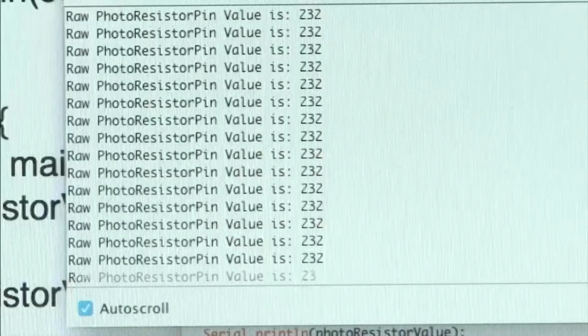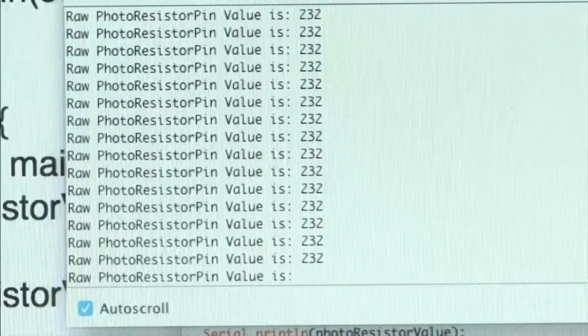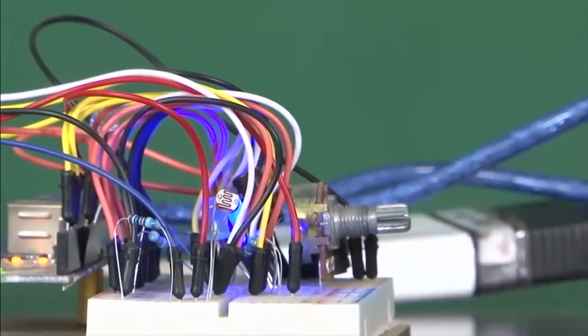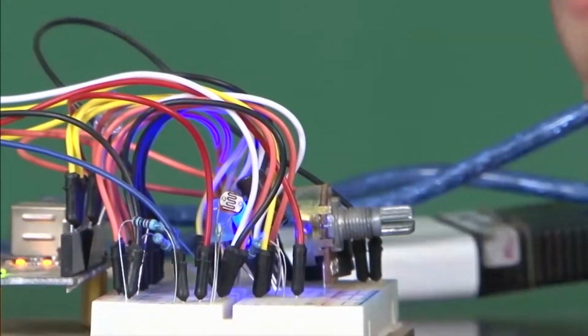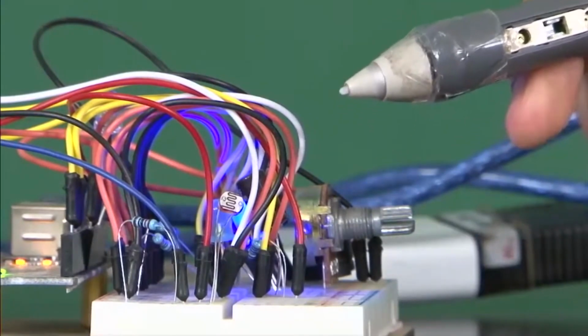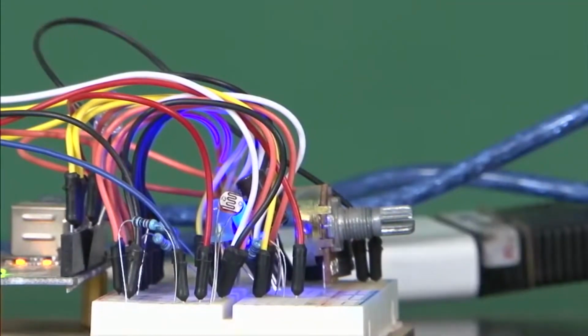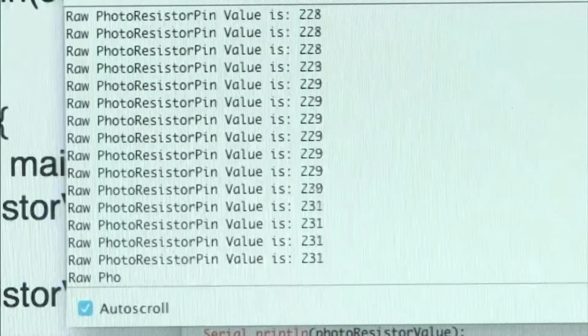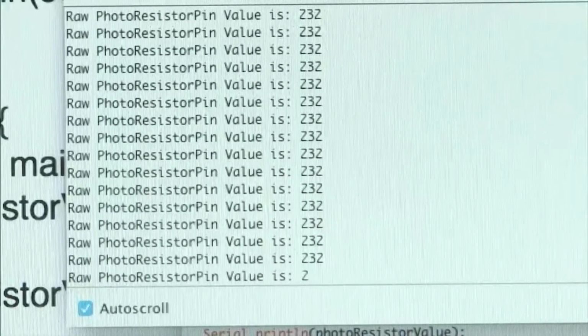Now if we look at the photoresistor, it is being illuminated by the ambient light of the surroundings. Coming back to the values being shown, in these ambient conditions the value is 232.